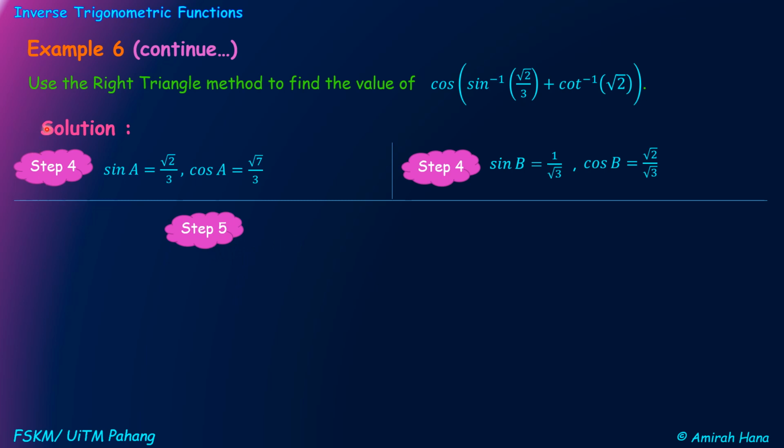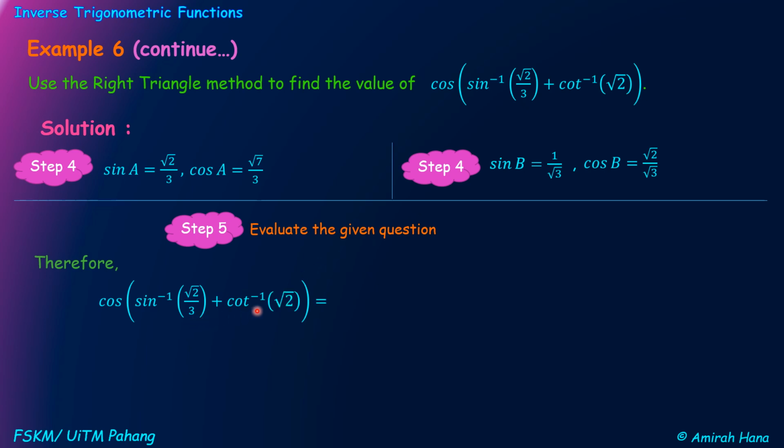Steps 1 until 4 are divided into two sections, one for angle A and one for angle B. For step 5 we only have one section, because in step 5 we need to evaluate the given question. So the given question is cos of inverse sine √2 over 3 plus inverse cot √2. Then we can rewrite in terms of A and B.